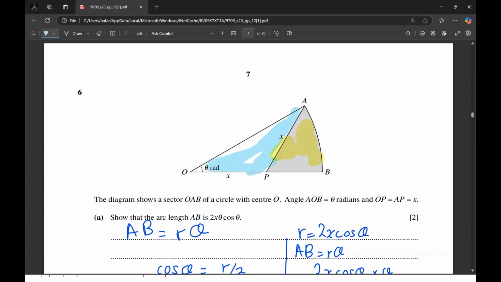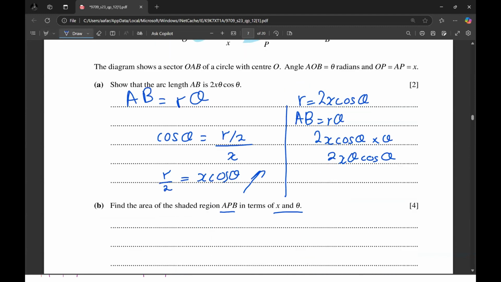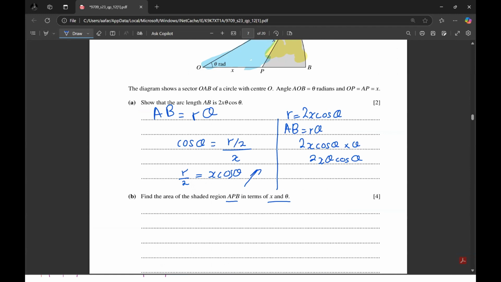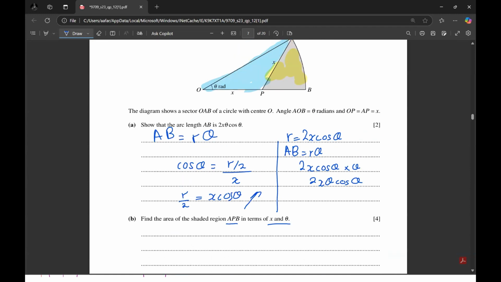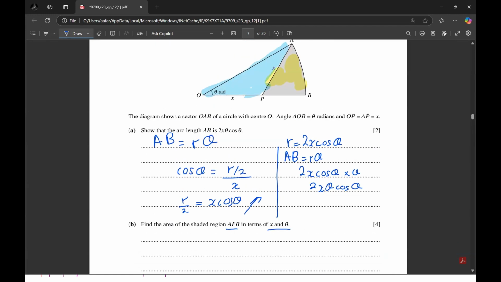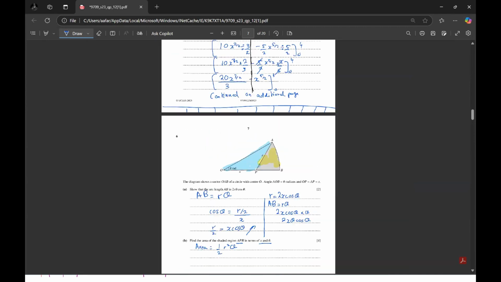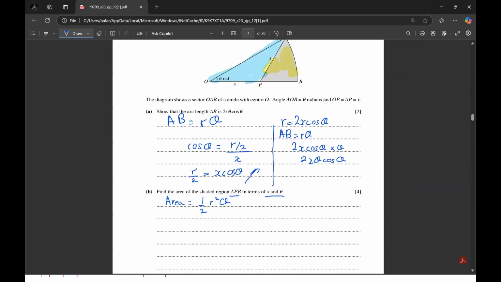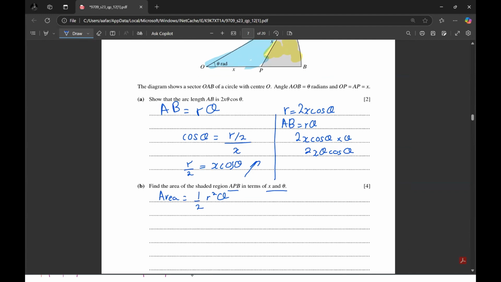That's how we'll get APB, right? So first, let's calculate the area of the whole arc, and they've asked us in terms of x and theta. Okay, so area of an arc is basically the formula in radians is half r squared theta. I think it's given in the formula sheet. Yeah, it is given in the formula sheet from F19.